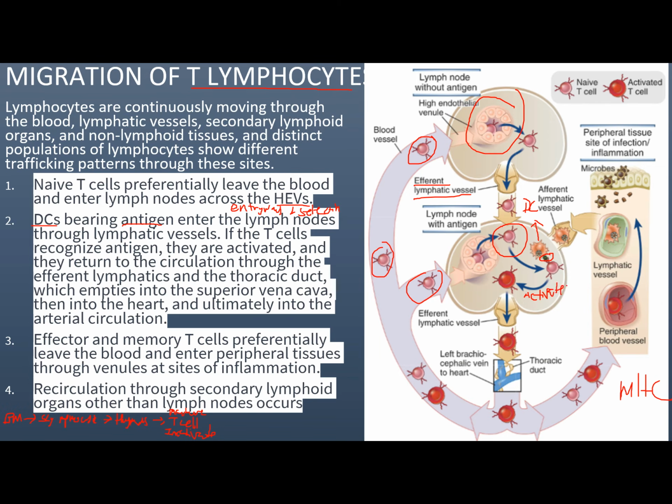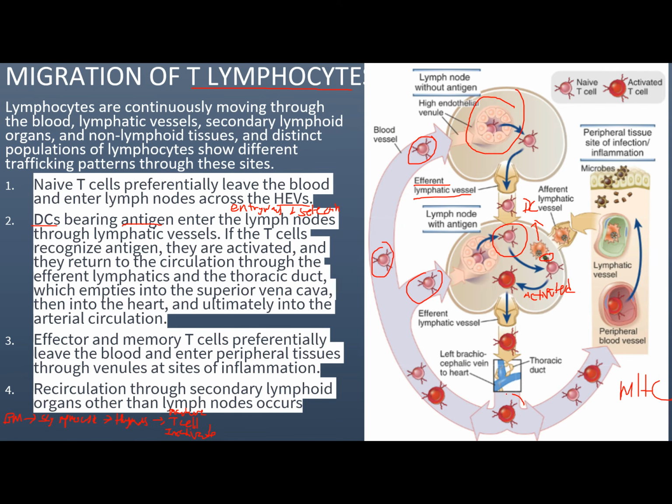activated. And once they are activated, class, they would now leave again through the efferent lymphatic vessel. Then they would go through the thoracic duct, which would enter the superior vena cava of the heart, and then ultimately into arterial circulation. So they would leave, go back to the circulation, and so on.